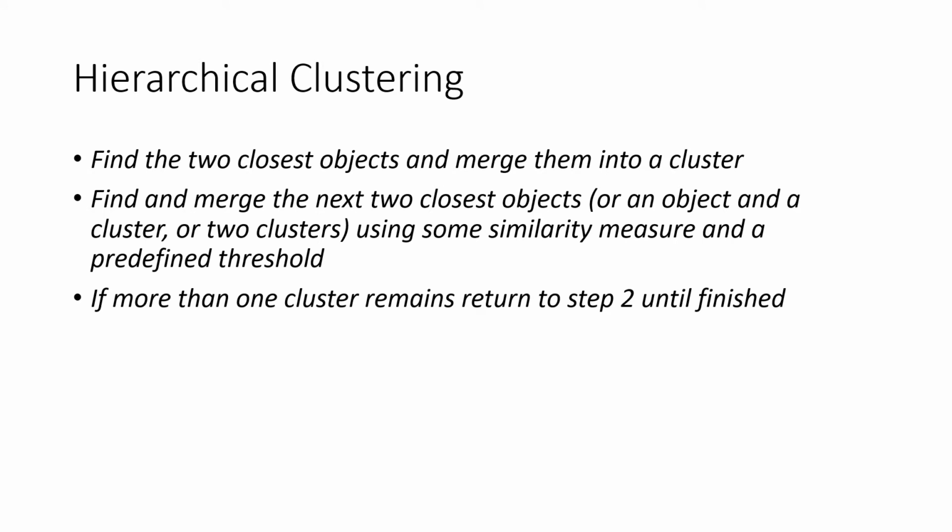Now, in hierarchical clustering, we try and form a nested set of objects, and we try and connect all of them together in some way through some line of similarity.